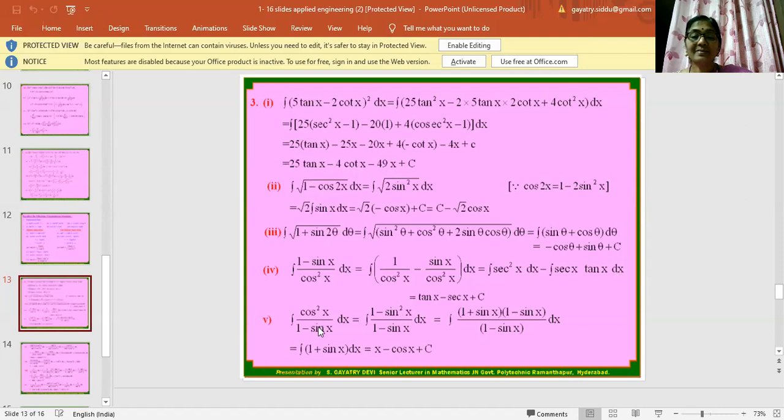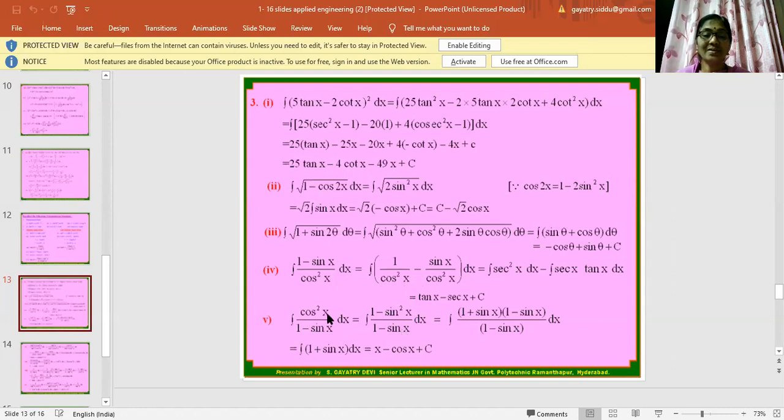Here it is reverse. Integral cos square x by 1 minus sin x, where the denominator is having 2 terms. So there is no choice of this type of simplification. Right, we are trying another way. Because of trigonometric functions, you can use your knowledge to simplify this in many ways.